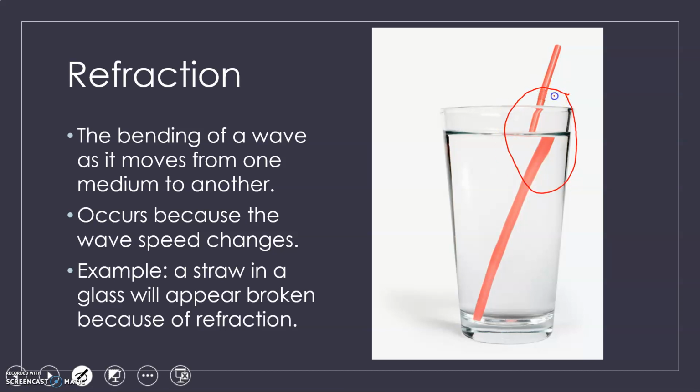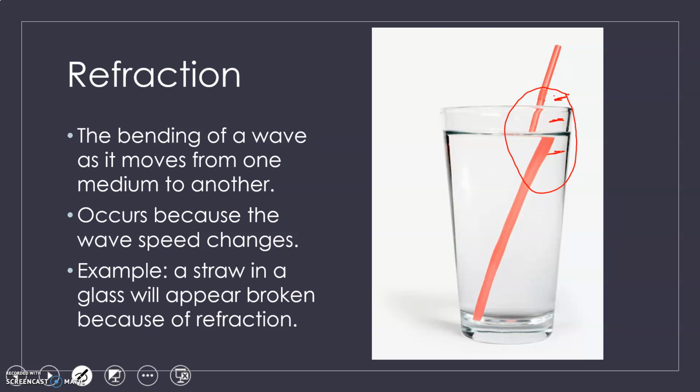We're looking through air up here, glass, and then glass and water. This is going to cause it to look like it's technically broken because it's going to be changing the speed of light as it's going through the mediums. Because we said, again, the only way you can change an object's or a wave's speed is going through a different medium, whether that be a solid, liquid, or gas.